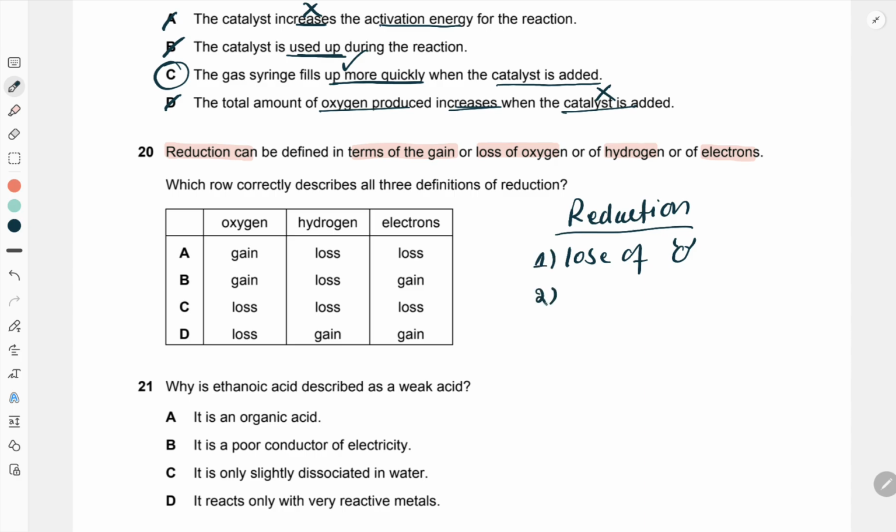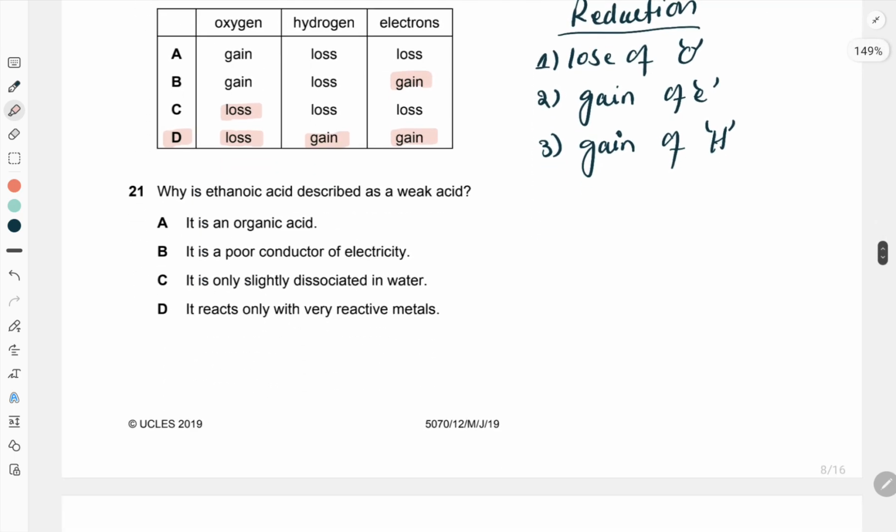Reduction is gain of electrons, and reduction is gain of hydrogen, right? So reduction is loss of oxygen, gain of hydrogen, and gain of electrons, which means D is the correct answer with all three correct entries.